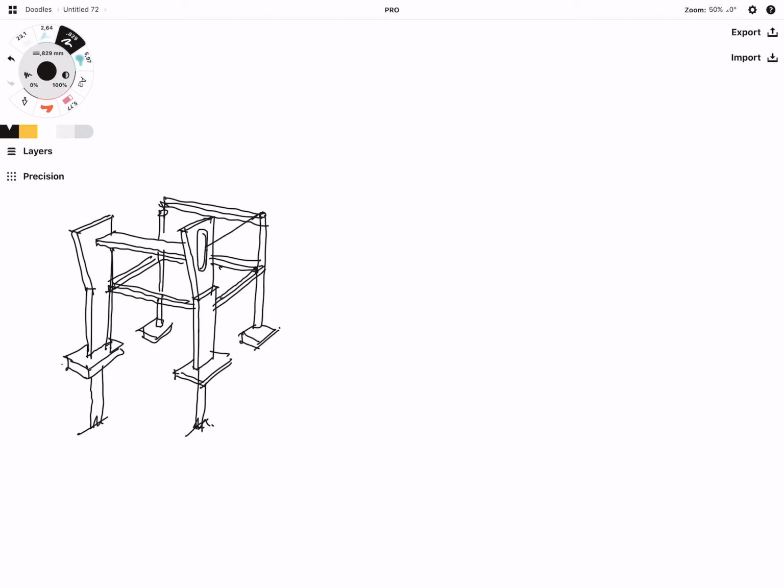You would probably tie this back to there. This could be a structural frame in axo.